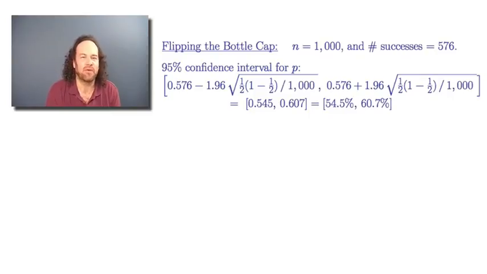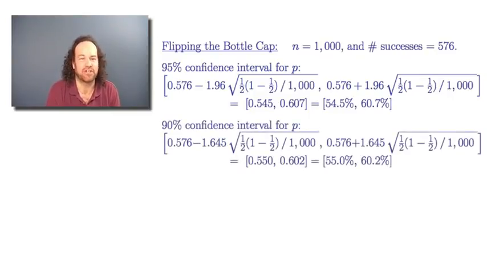If we didn't want to be quite so certain, but just 90% certain, then we could take the interval where instead of 1.96, we'd use 1.645, and we get an interval that way, which would be a little bit narrower, because we're pretty sure, although not quite as sure, that it's in this narrower range.